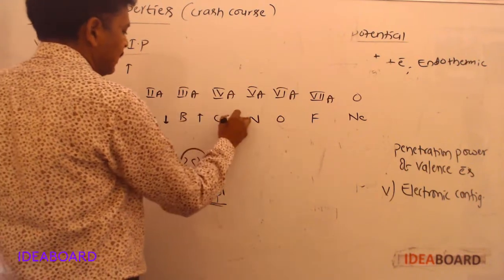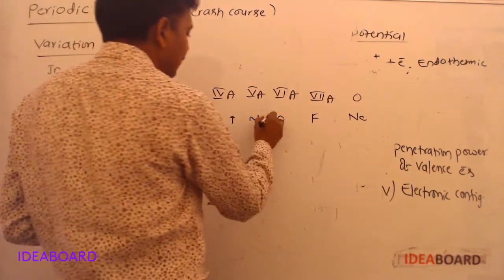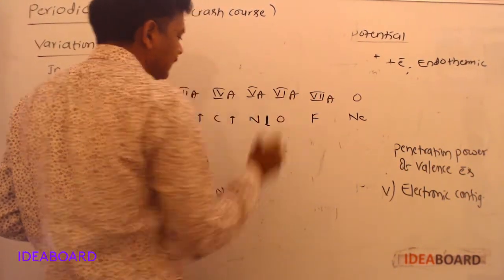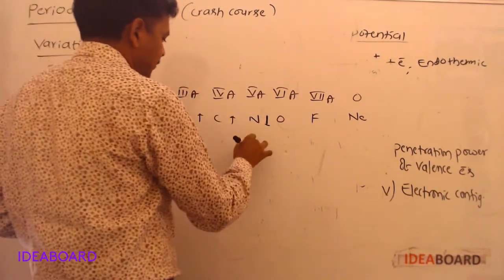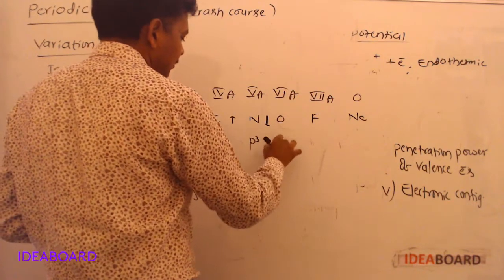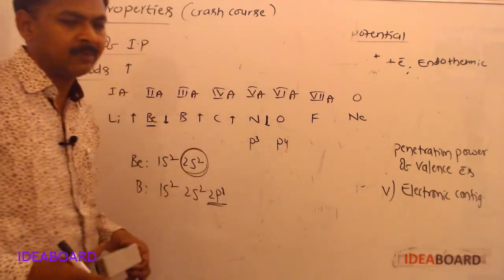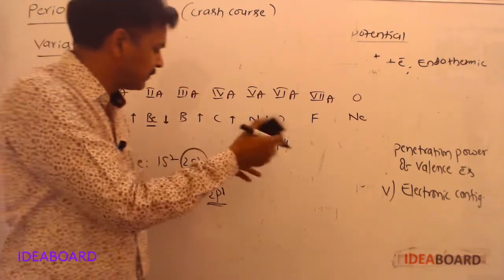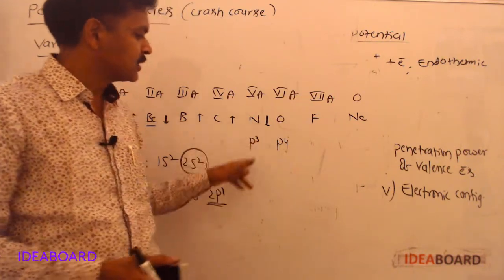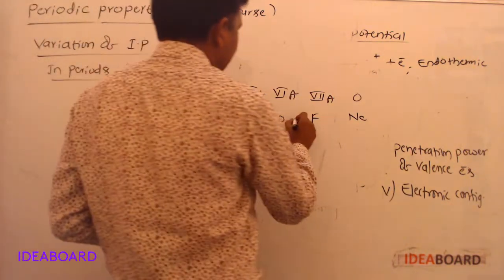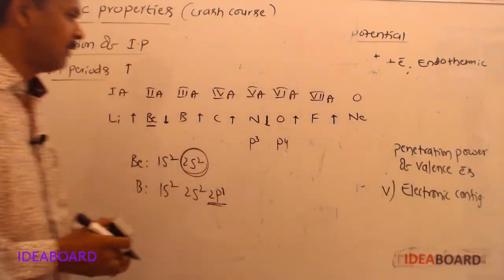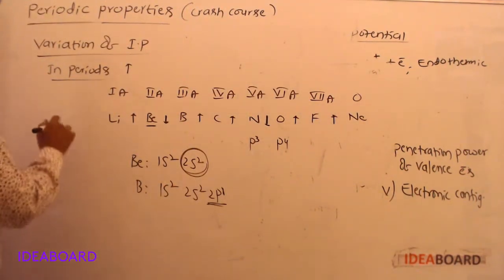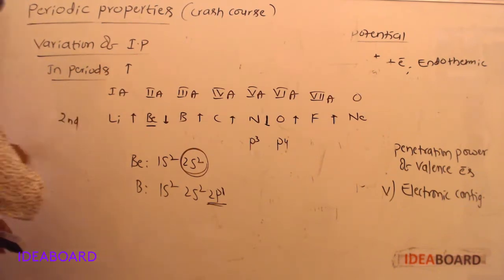Boron to carbon increases. Carbon to nitrogen increases. But nitrogen to oxygen decreases because nitrogen has half-filled orbitals: p3 for nitrogen, p4 for oxygen. Already I explained p3 is more stable than p4. Oxygen to fluorine increases, fluorine to neon increases. Not only in second period elements, the third period is similar.